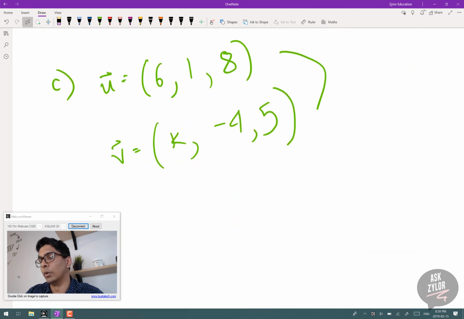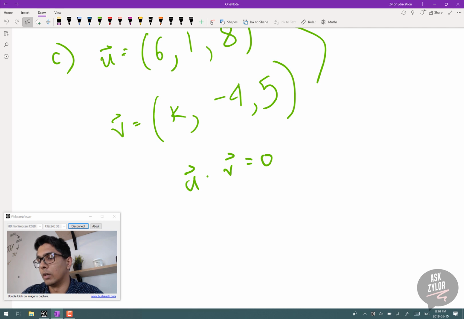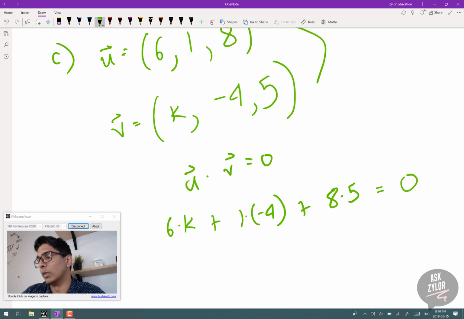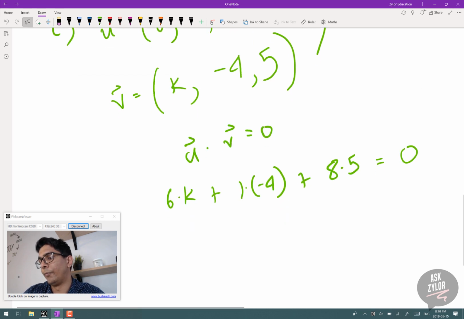So like I said before, if two vectors are orthogonal or perpendicular to each other, then the dot product between them has to equal 0. So u dot v has to equal 0. So let's evaluate the dot product and see if we can solve for what k is. So 6 times k plus 1 times negative 4 plus 8 times 5 is going to be equal to 0. Right? So then I can isolate for my k value because that's the only variable I have.